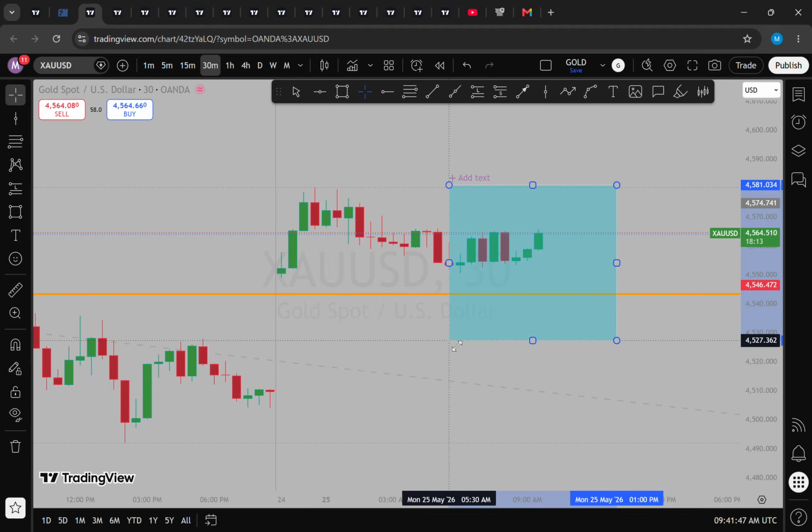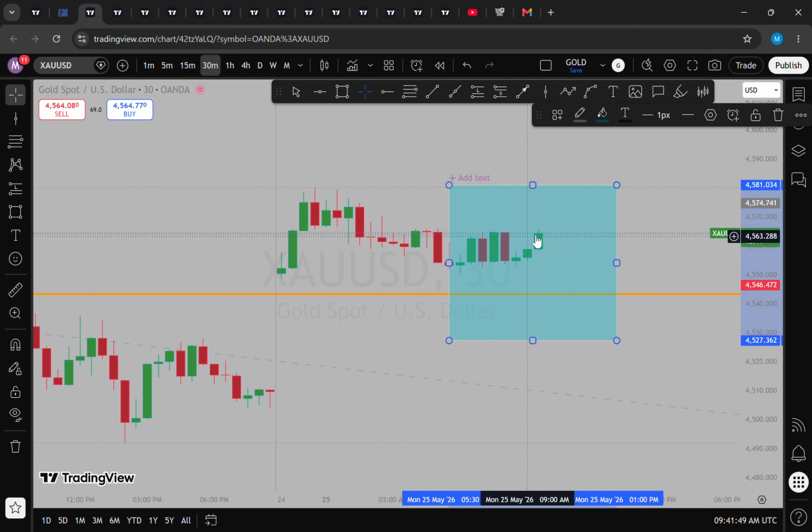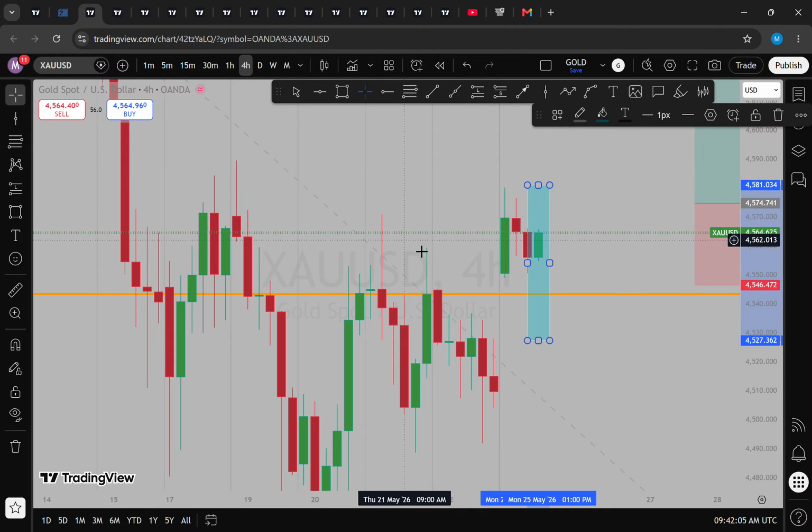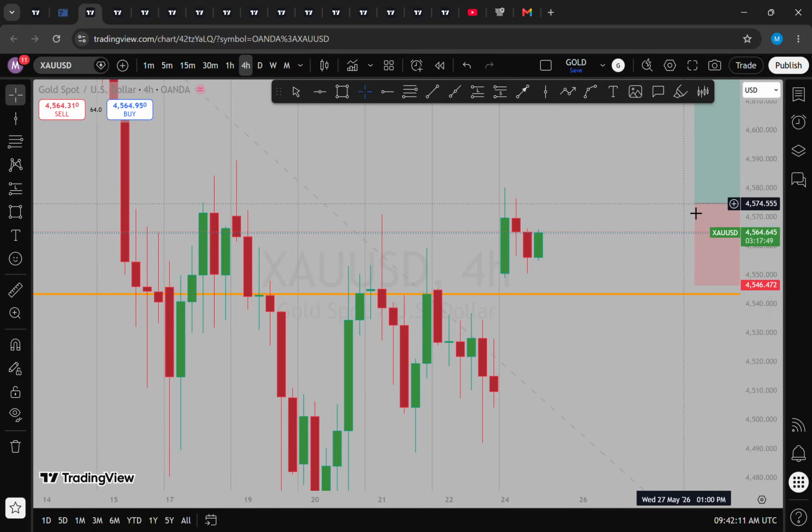So right now, all of these 8 candles are equal to just a single candle on 4 hour. If you add up everything, it's equal to this single candle there. Are you getting it? So far so good.